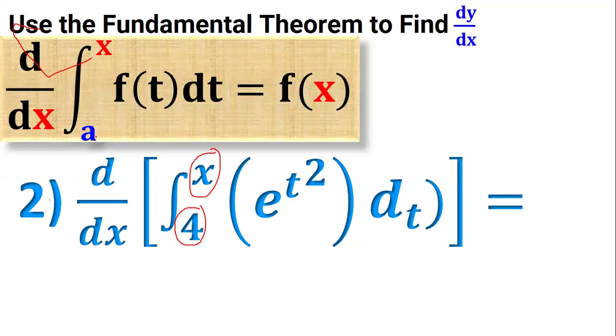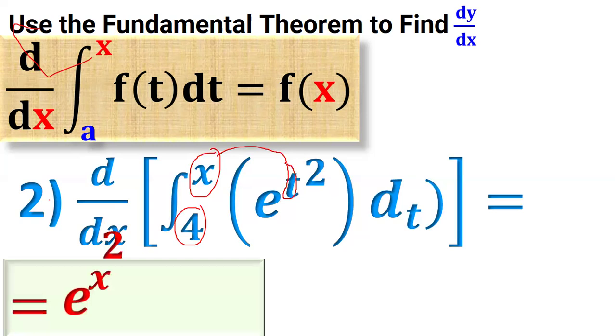We have a constant, which is a, and we also have a variable. Similarly, the same as what we did in example 1, we can apply the above rule. Just replace t by x. So the derivative of the integration from 4 to x will be e to the power of x to the power of 2. Just replace t by x only.